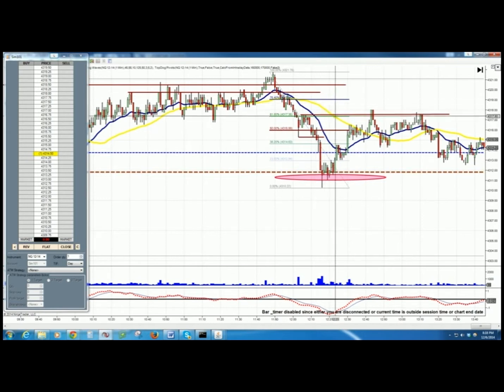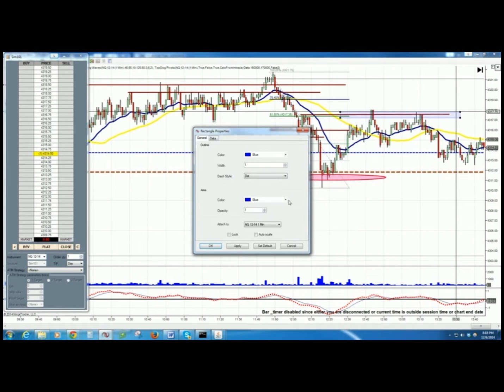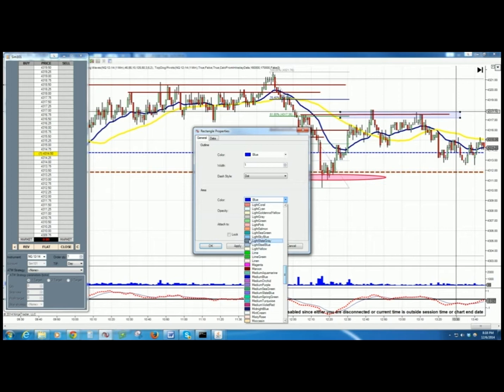And that makes this area here where I always like to draw in my little zones at the key fib levels. I always make them the same colors as they have on the bars there. So if I want to do some kind of green for the 618 level, that's good enough.